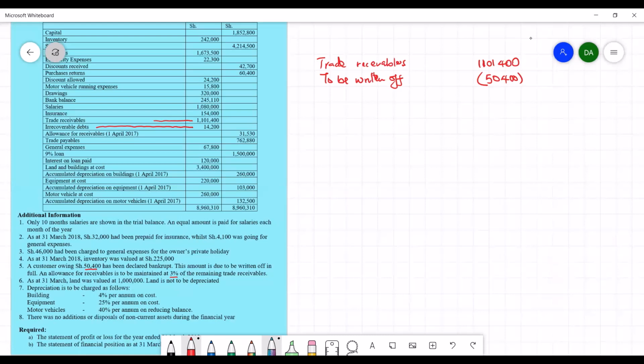So we subtract the amount to be written off from the accounts receivable. Then we remain with the debtors, which now will be 1,051,000.